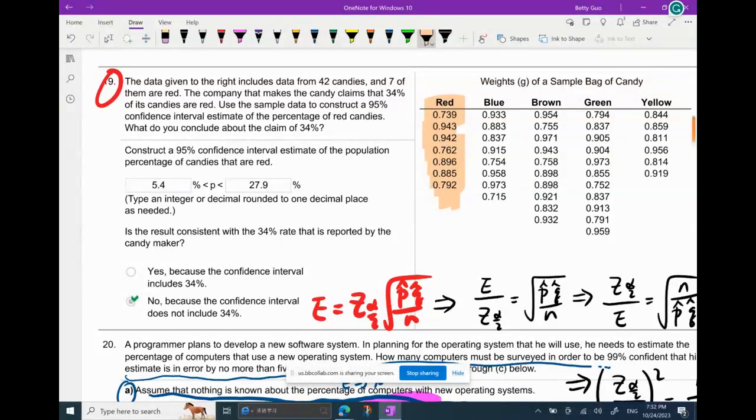Let's see what's going on in this problem. 42 candies, 7 of them are red. The company claims 34% of its candies are red.